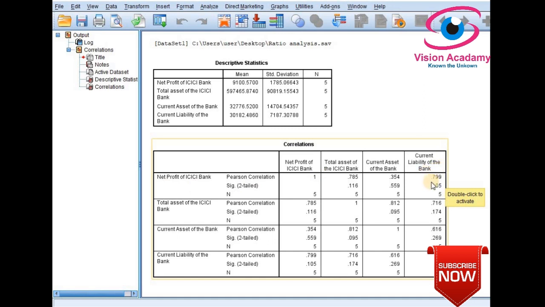Very strongly it is correlating that higher the net profit in ICICI Bank will lead to higher current liability in ICICI Bank, which is supported by 0.799, almost 0.8. So we considered many variables to check the correlation, whether positive, no relation, or any negative relation established among these variables, which is evidenced by and proved with Spearman correlation.